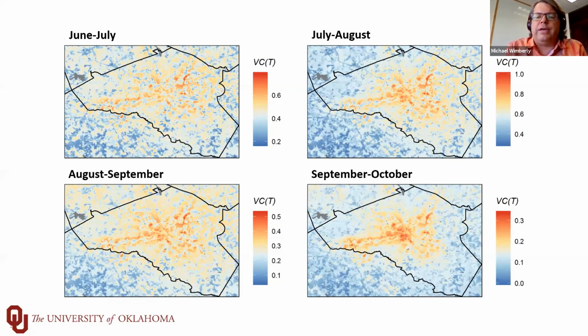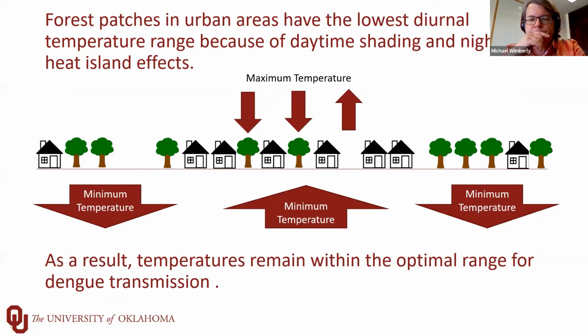And so what we're seeing there is those are actually areas within city limits in that developed central core of Athens, but that have tree cover. So they're kind of green islands within the city.